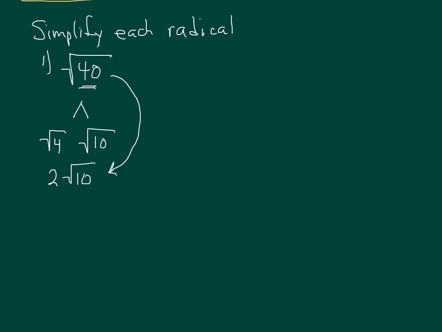So the square root of 40 simplified is 2 times the square root of 10, because the number underneath the radical, 10, is as small as we can possibly get. There aren't any perfect squares that go into 10 that will allow me to break it down further.